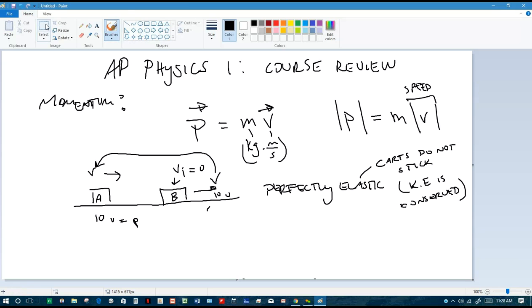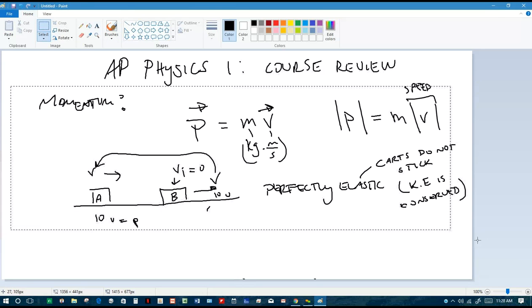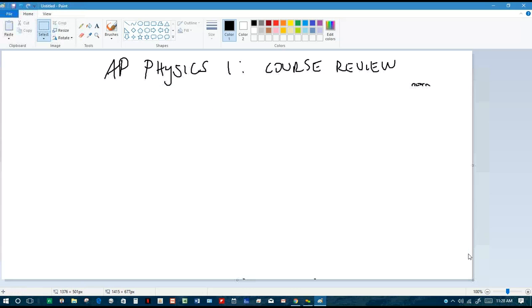The other kind that turns up fairly often is what's called an inelastic collision. So inelastic collision means that the objects stick together.